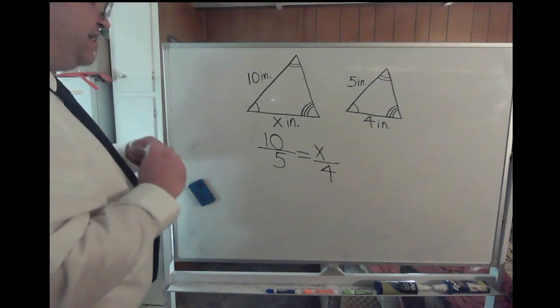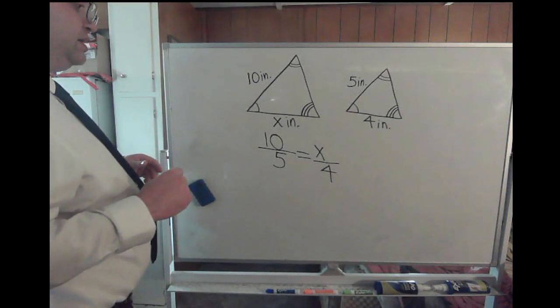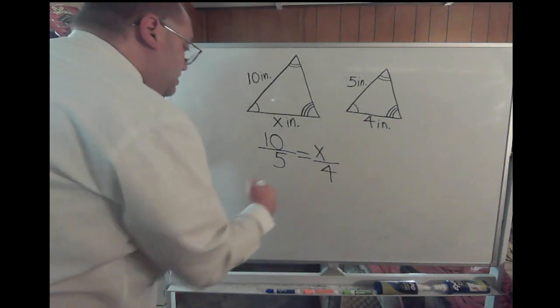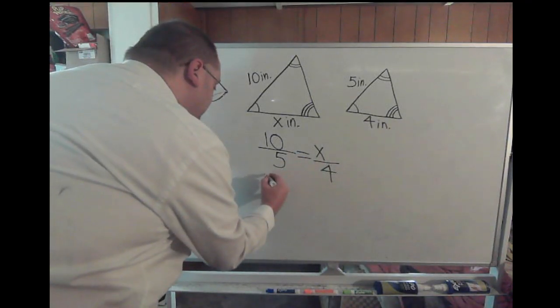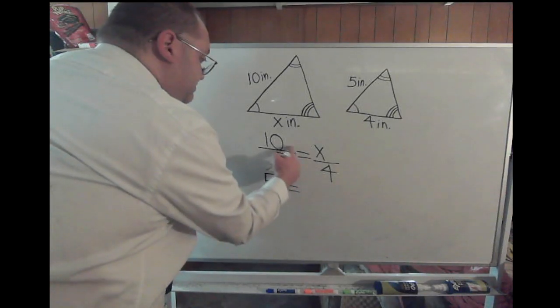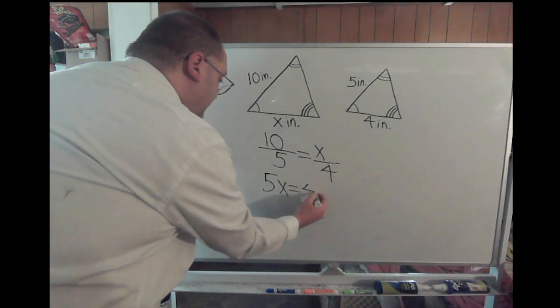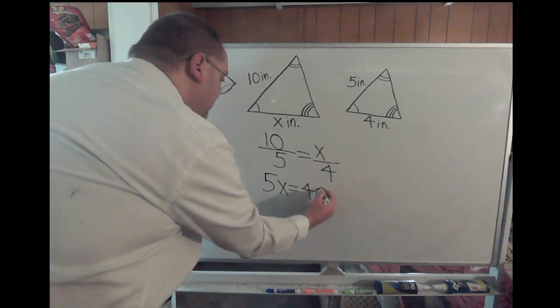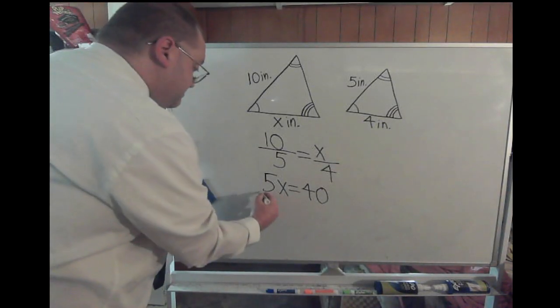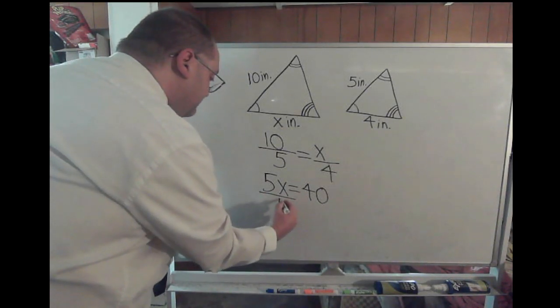Alright, so now we have a proportion. We just got to solve a proportion. So we would say that 5 times x, which is 5x, is equal to 10 times 4, which is 40. Alright, well, we have 5x. We need to solve for just x. We'll divide both sides by 5.